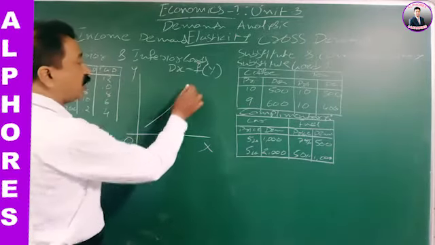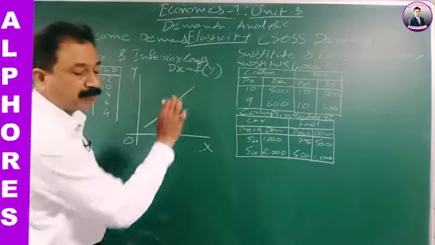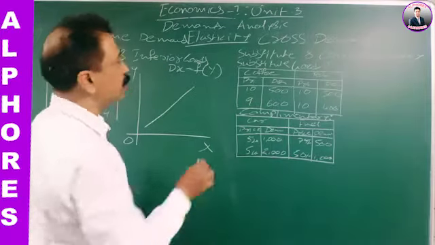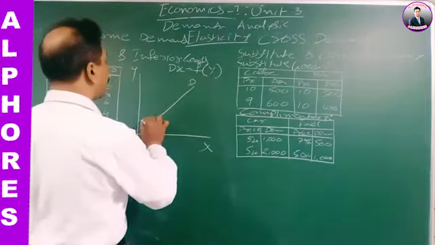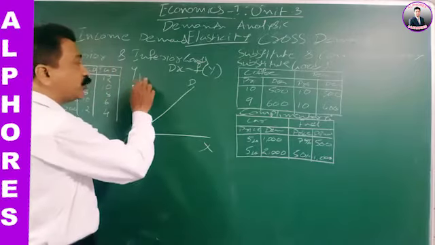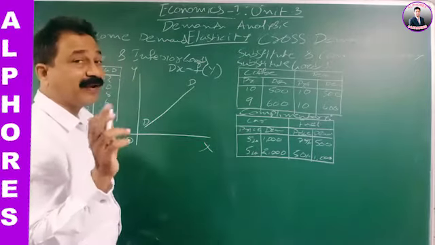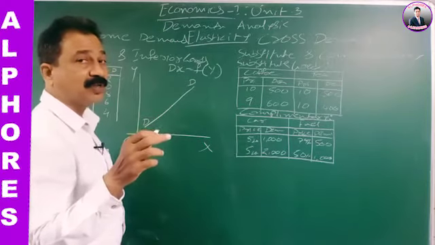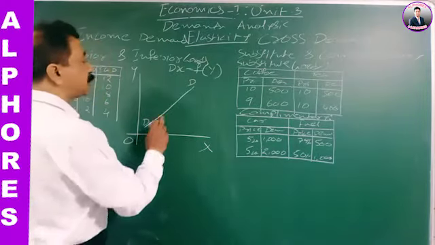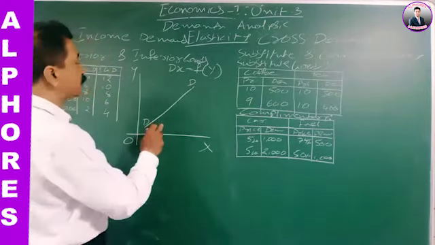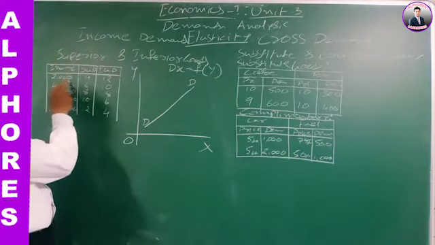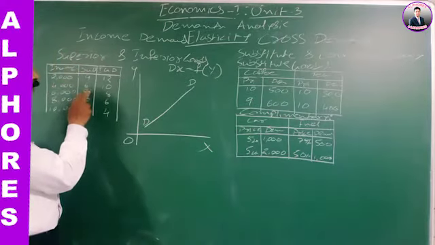If the curve slopes from left to right upwards, then it is called a positive curve. If the curve slopes left to right downwards, then it is called a negative or inverse curve. This is a positive curve. This shows the positive relation between income and superior or normal goods.